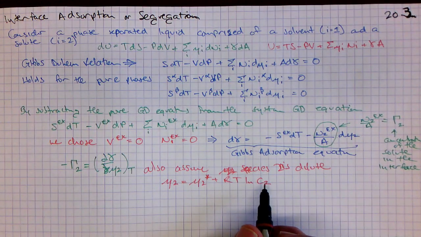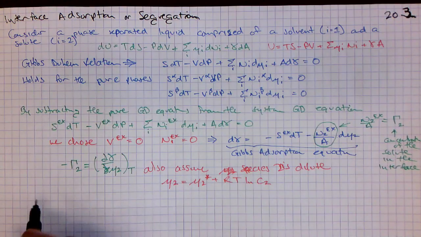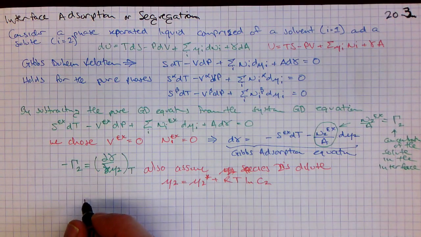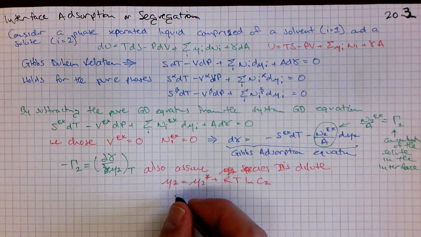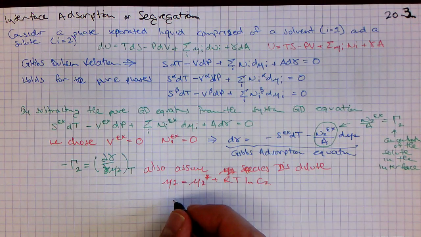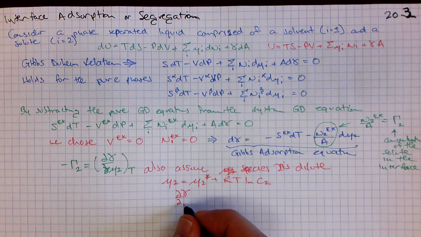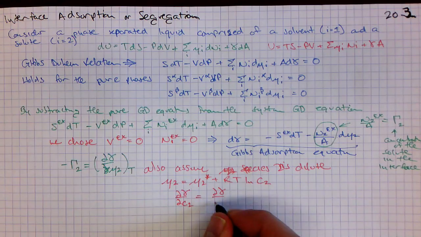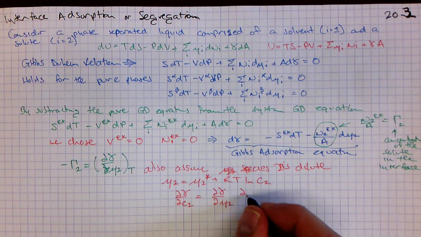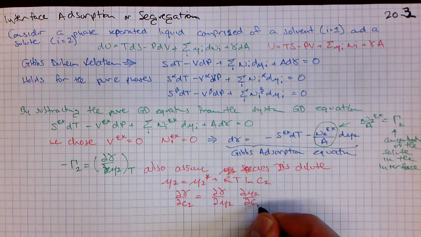And in that limit, we can write down that d gamma dC_2 is equal to d gamma d mu_2 times d mu_2 dC_2.